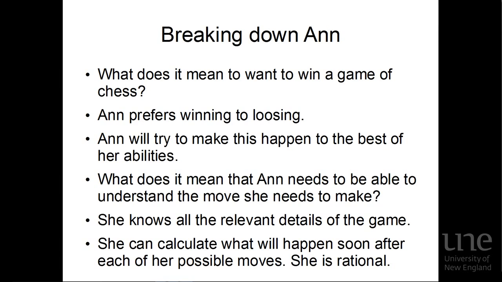What does it mean that Anne needs to be able to understand the moves she needs to make? She needs to understand the game, she needs to be rational about her choices, and she needs to be rational about her opponent's choices. She needs to know all the relevant details of the game, and she can calculate what will happen soon after each of her possible moves.